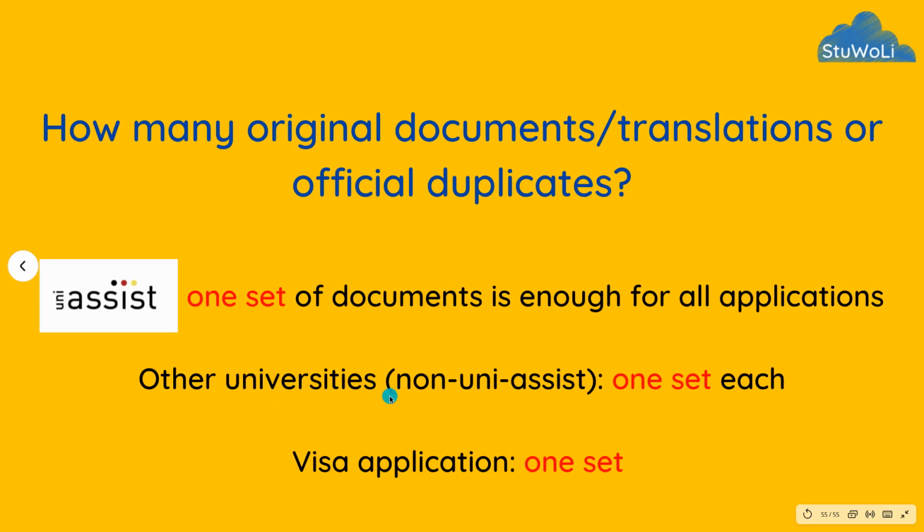Then you want to apply for 2 more universities or Studienkollegs which are not governed through UniAssist, then you need 2 for those, like one set each. So we had 1 here, 2 here. And then for your visa application, if you're non-EU, you need to apply for a visa. And there you also need a perfect set of your documents, a combination of your official documents and simple copies of your non-official documents. This is how you can calculate how many sets of perfect documents you need.